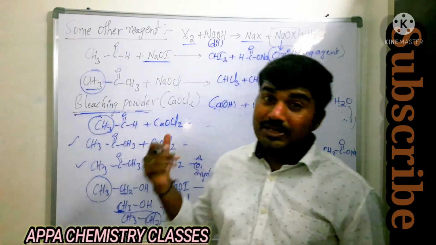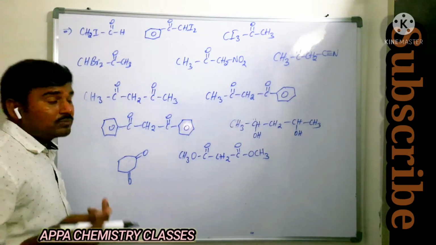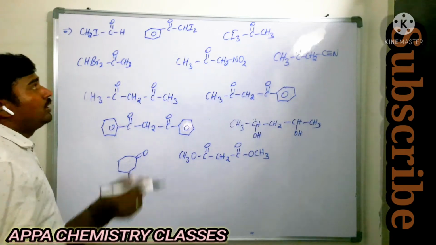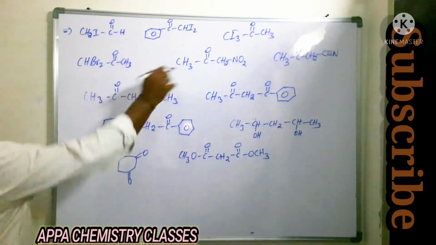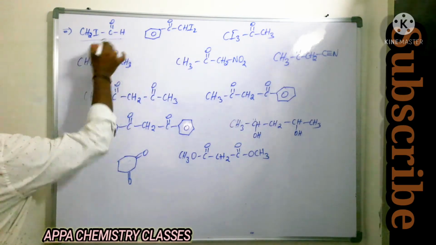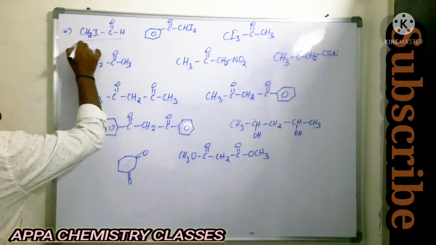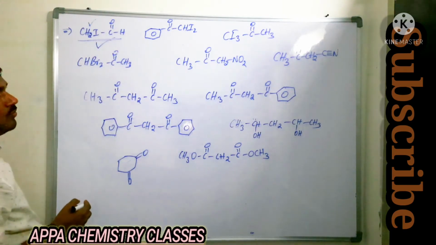Now we will see some exceptional cases. Even though they contain a methyl group adjacent to the carbonyl carbon, some will not participate in haloform reaction. In this case, this participates in haloform reaction. We have seen the mechanism; one of the intermediate products in that mechanism is this one, so it participates.